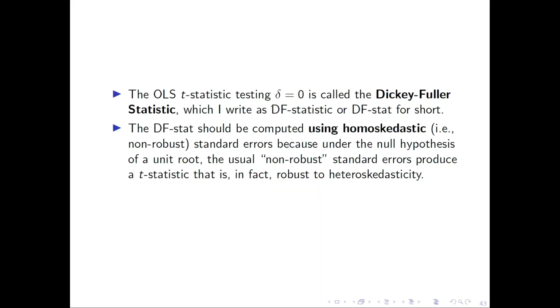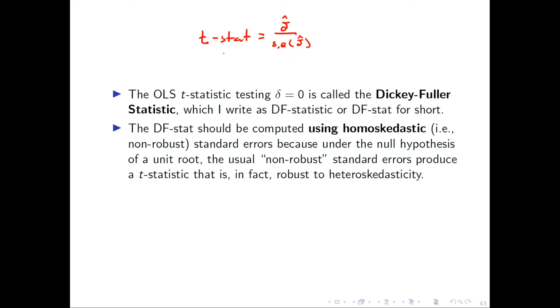Our t statistic is t stat equals delta hat divided by the standard error of the delta hat estimator, and this is something you get from the output in your regression.